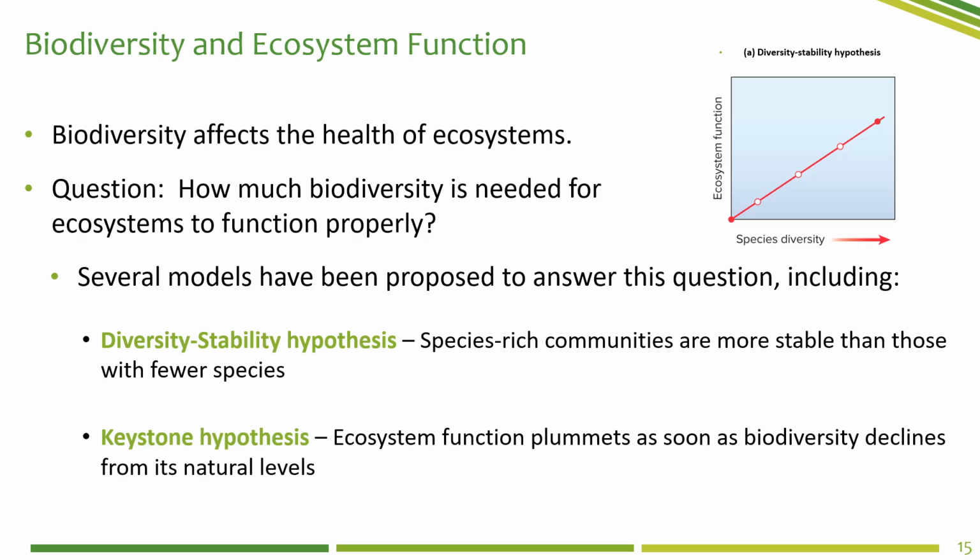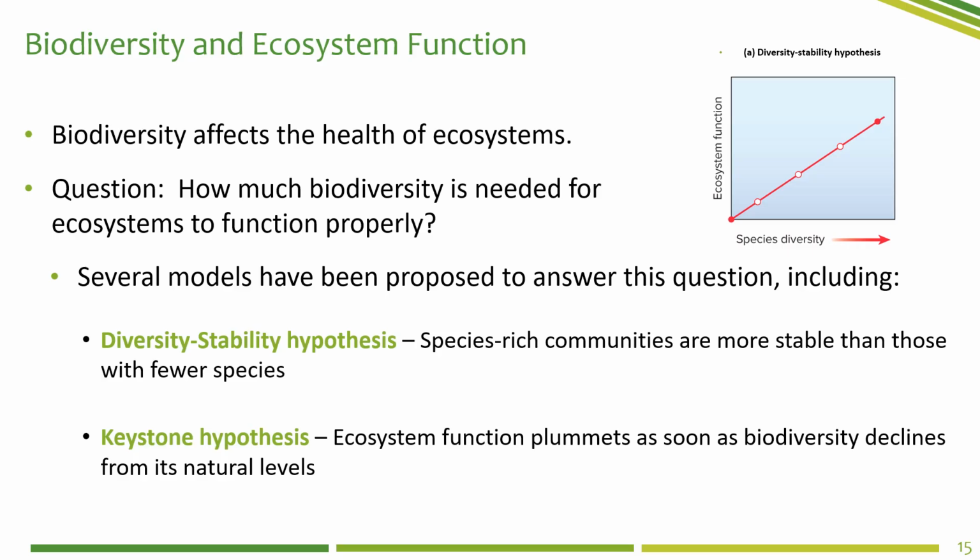And that is because the variety of different organisms are all playing key roles in that environment, and all of their roles depend on one another. So if you start to lose a number of species, even just one species, you can break down the stability of that environment and you can end up with a less healthy, less functioning ecosystem.